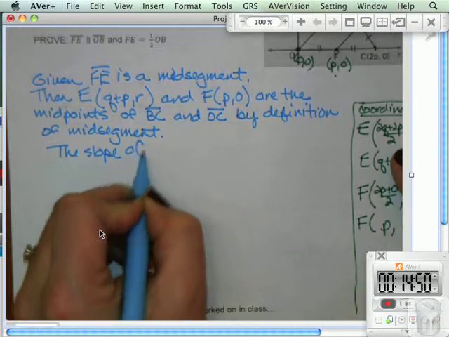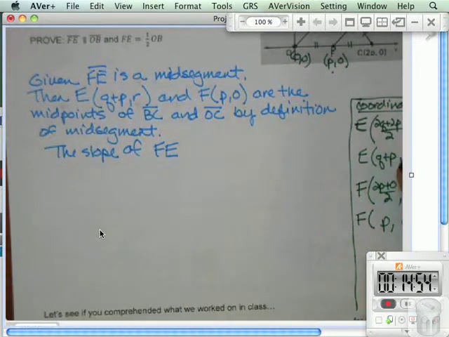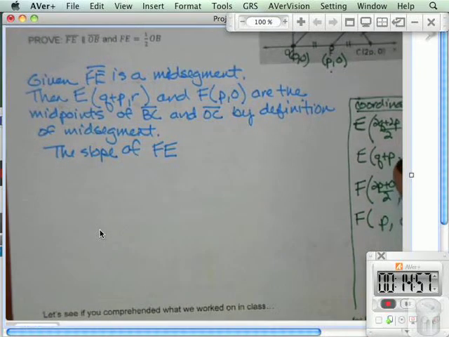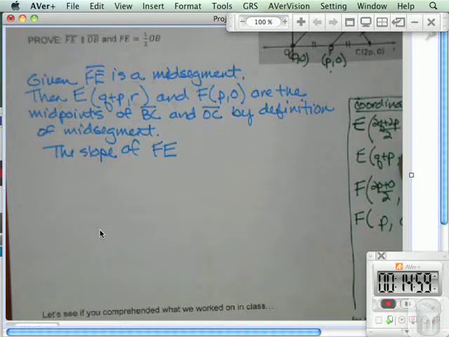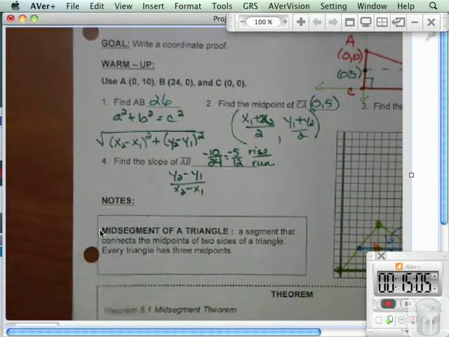of FE. How do you find slope? We talked about it on the other side. Do you remember? Change in y over change in x, which is also rise over run. Okay, so I'm going to look here.